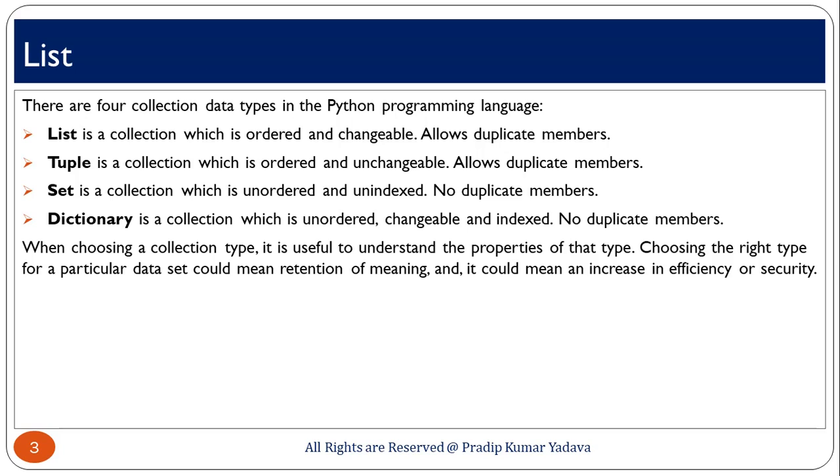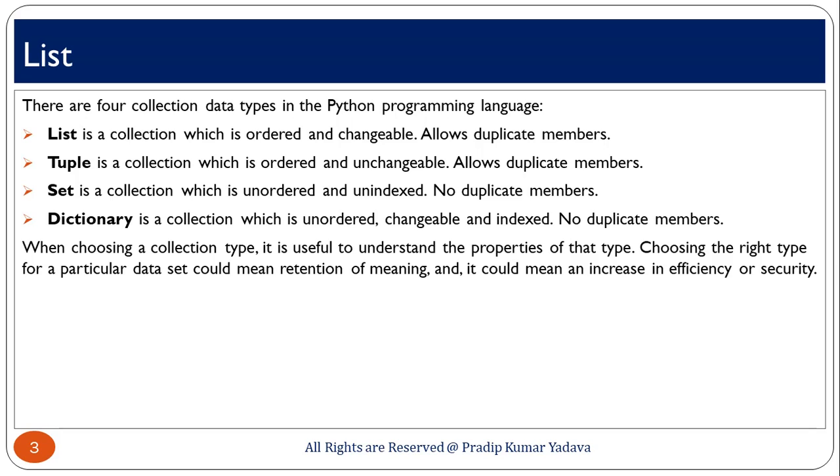Tuple is a collection which is ordered and unchangeable. So there is only one difference between list and tuple: list is changeable, but tuple is unchangeable, and it also allows duplicate members. Set is a collection which is unordered and unindexed, no duplicate members allowed. Dictionary is a collection which is unordered, changeable and indexed.